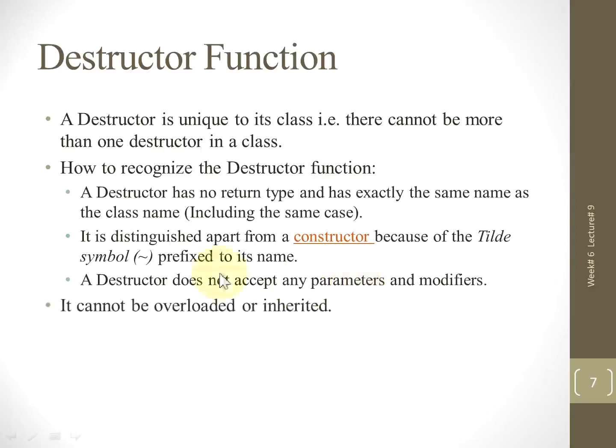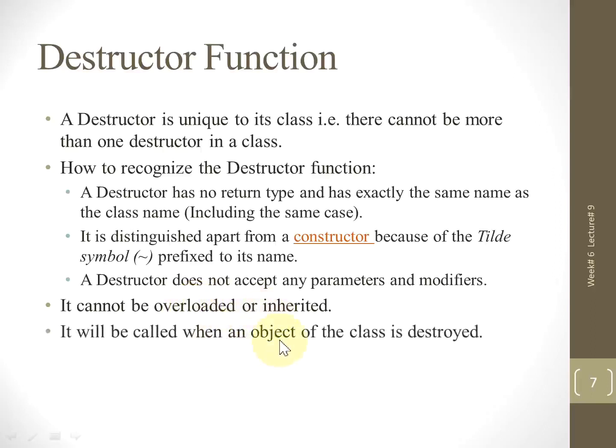It cannot be overloaded or inherited. So there will be no more than one destructor function, and it cannot be inherited. It will be called when an object of the class is destroyed, as I already informed you.